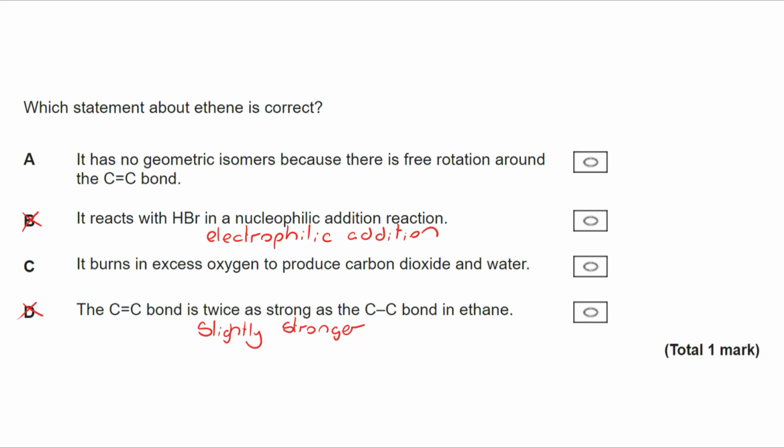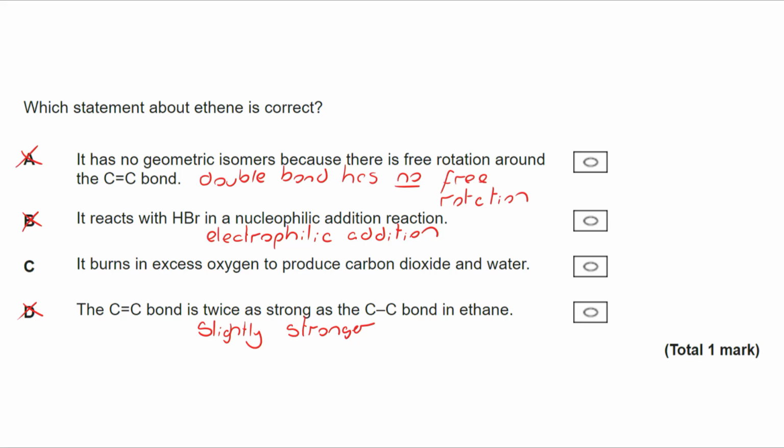It reacts with HBr in a nucleophilic addition reaction. Now, whenever we are thinking about that double bond being susceptible to attack, it's not a nucleophile that's going to attack that, it's an electrophile. Next: no geometric isomers because there is free rotation around the carbon-carbon double bond.